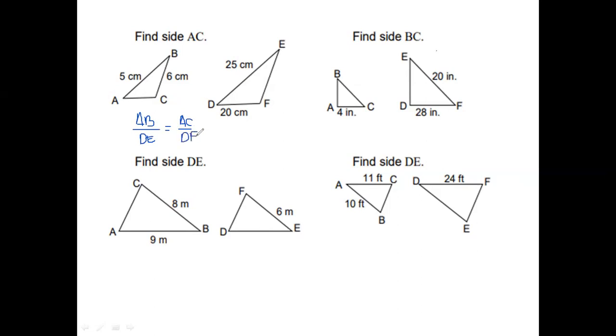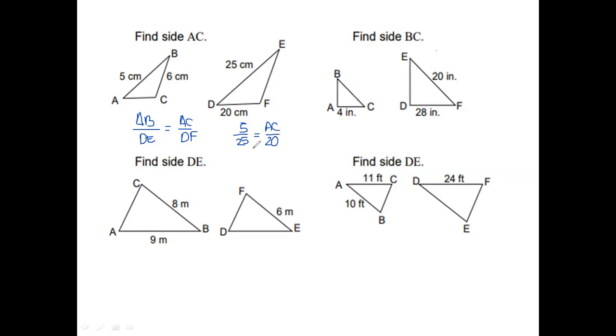Now I can put the numbers for the sides that I know. Instead of AB, I will put 5. Instead of DE, I will put 25. AC, sorry, is the one that we are looking for, so I will just write AC. And instead of DF, I will put 20.